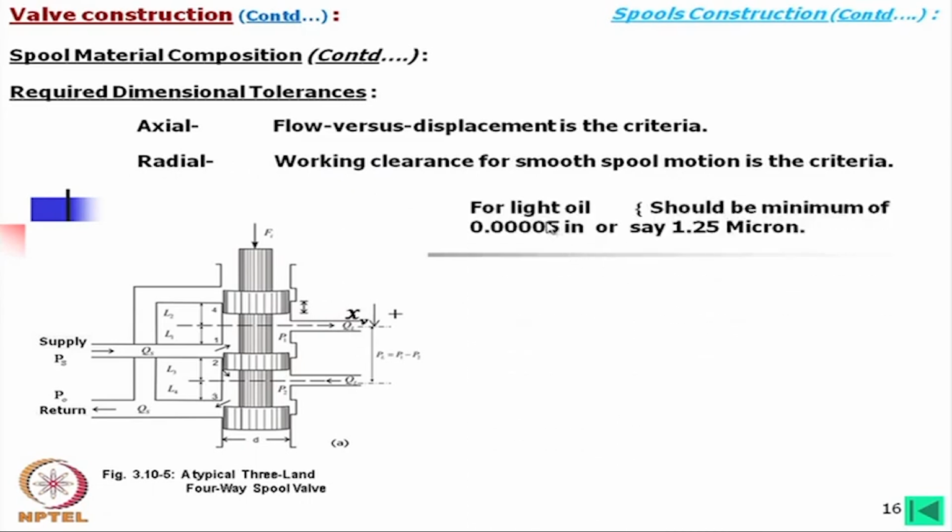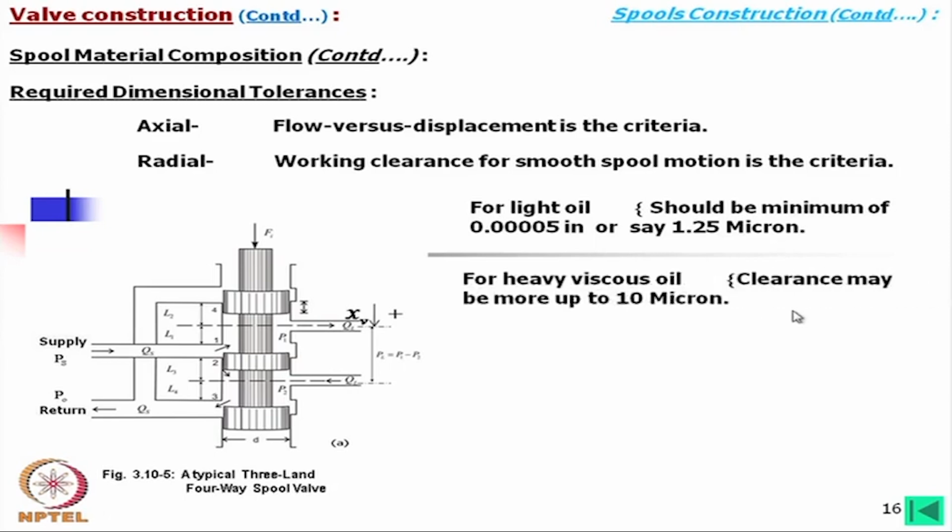Now, for light oil, these tolerances should be say 1.25 micron at the most. However, for heavy viscous oil we can go up to 10 micron. Tolerances of plus minus 2.5 micron, where we are using 10 micron clearances.